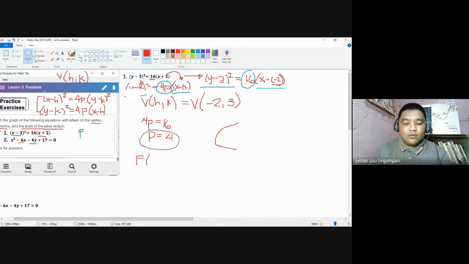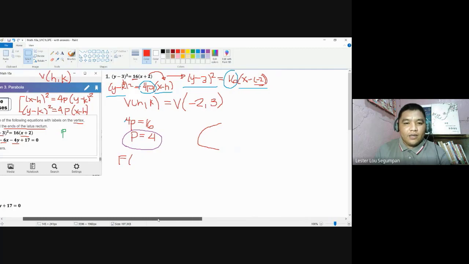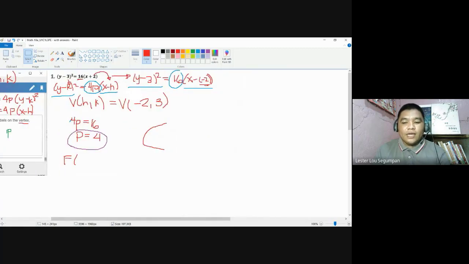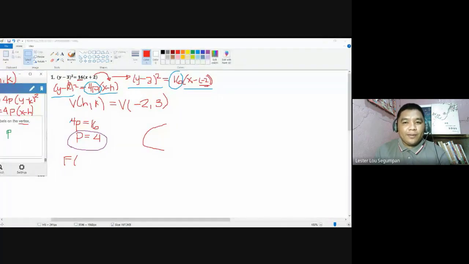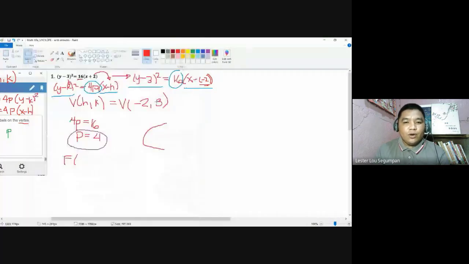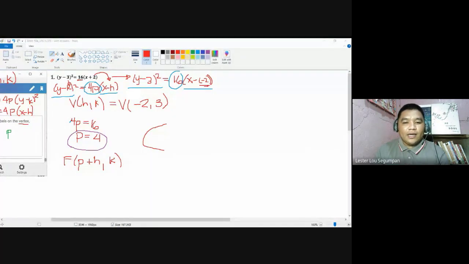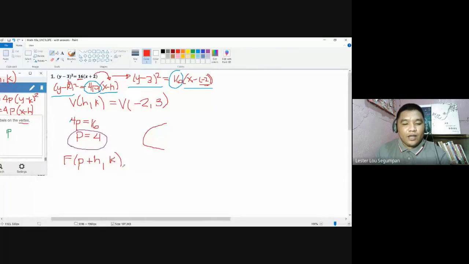So if it's opening sidewards to the right, our formula for getting the focus is: let me write it here. The focus is at (p plus h, k), because it is our h that is being changed. Okay, (p plus h, k).